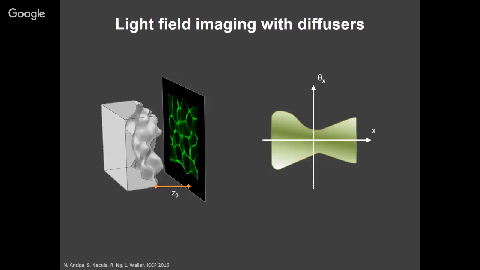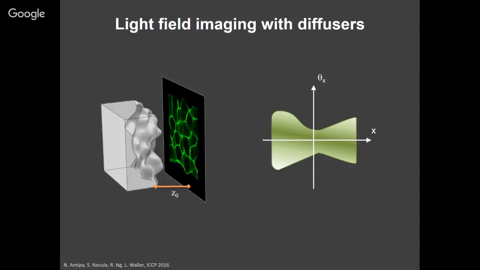DiffuserCam, the actual original reason why we built it was as an alternative to lenslet array light field sensors for microscopy. And the idea was that when you put this diffuser in, it's kind of like a bunch of small lenses, but they're all random. They are all randomly placed, have random different focal lengths, and they're all overlapping each other.